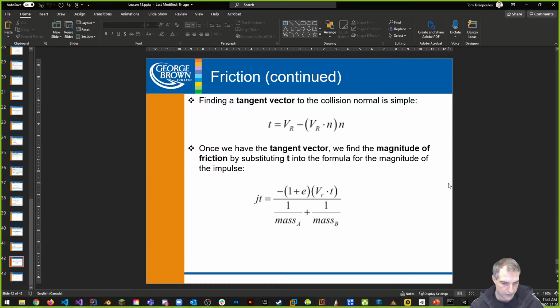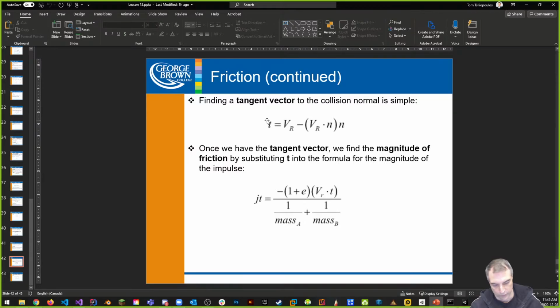So how do we find the tangent vector? We take the relative velocity and subtract the relative velocity dotted with the normal, multiplied by the collision normal. That's how we find the tangent vector.